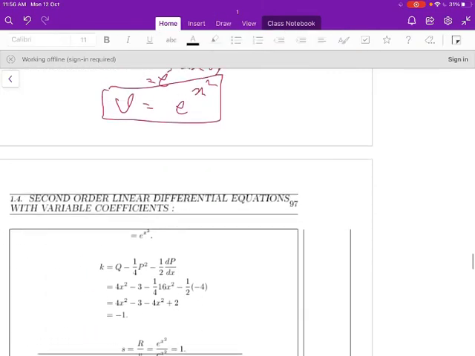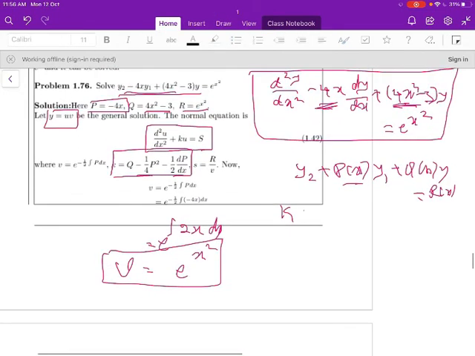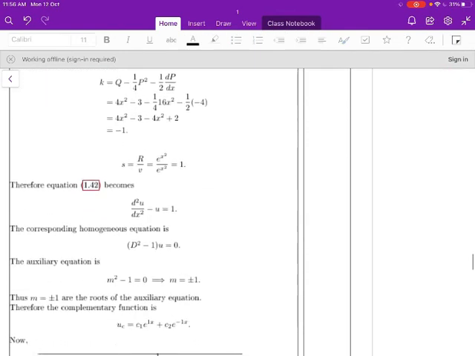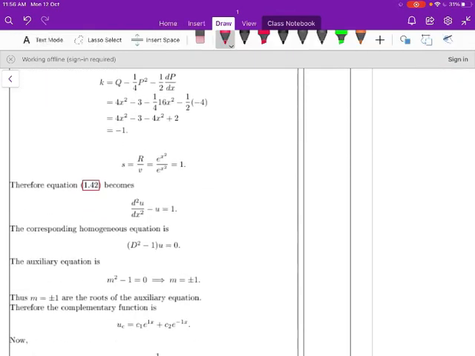K is q minus 1/4 p² minus 1/2 dp/dx, where q is equal to 4x² minus 3. So I have written 4x² minus 3 minus 1/4 into 16x², since p² is equal to minus 4x whole squared, which is 16x². Then minus 1/2 dp/dx, where p is equal to minus 4x and its differentiation is minus 4.